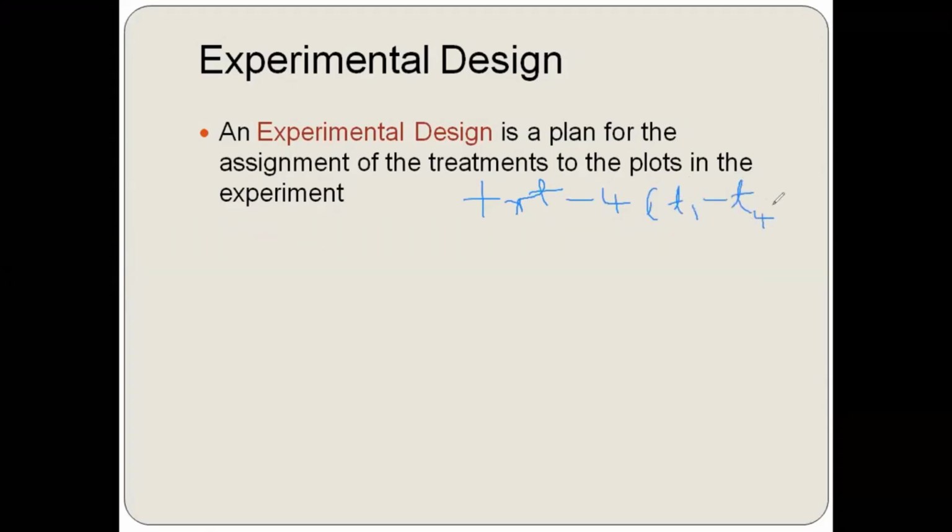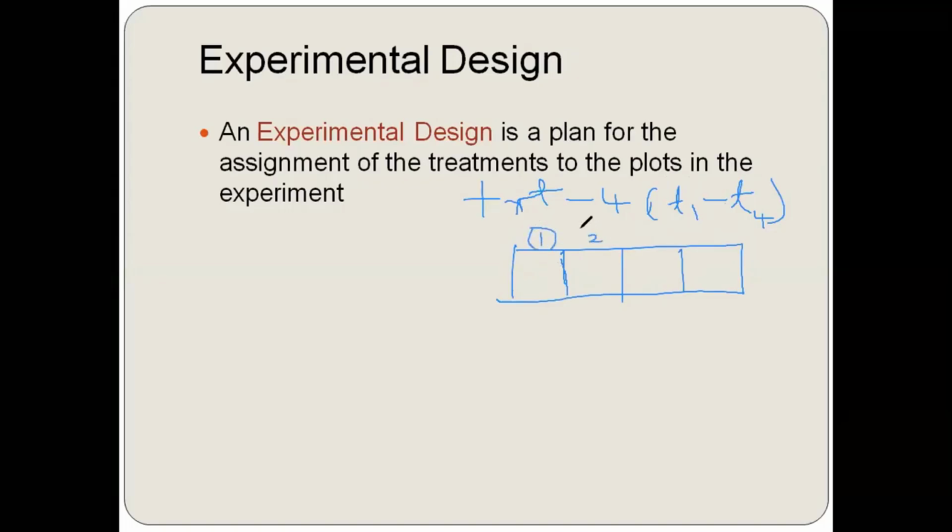That means T1, T2, T3, T4. Now let's say I have 4 plots, right? 4 experimental units. So this is the first experimental unit.